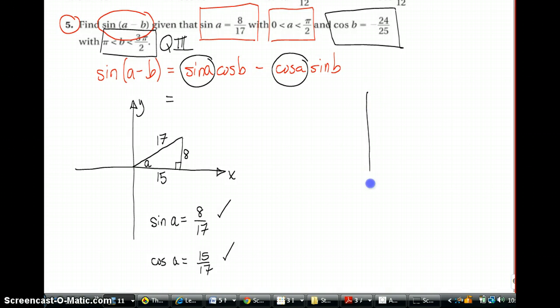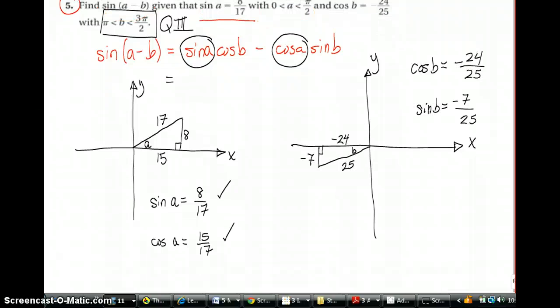Let's do the same thing we did before and sketch out that triangle in quadrant 3. I will pause the video. Go ahead and make a sketch of what you think it would look like, and then after you're done, use the Pythagorean theorem, find the missing side, and press play to check your answer.